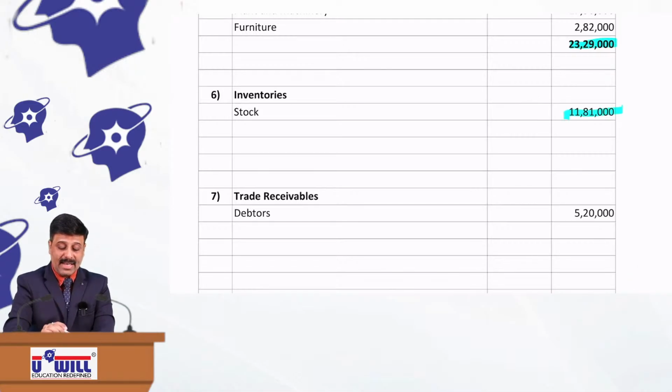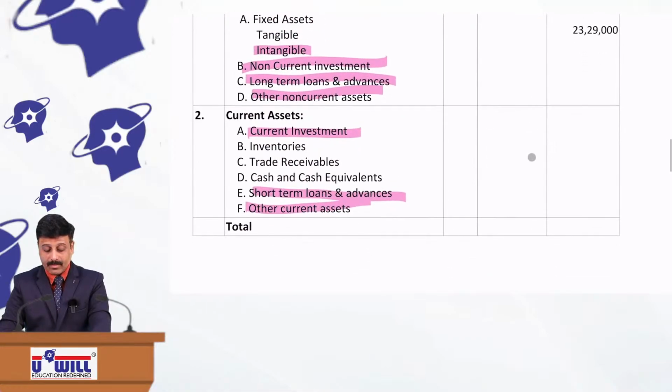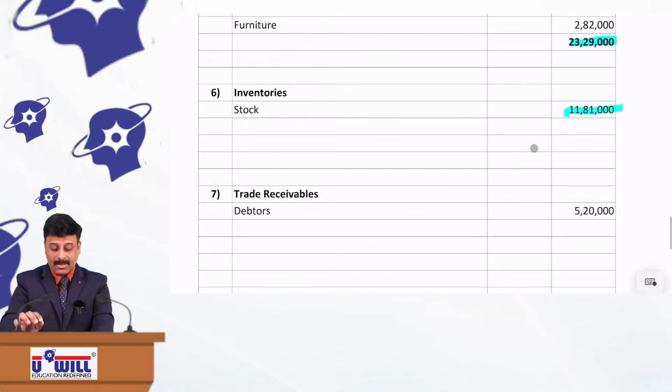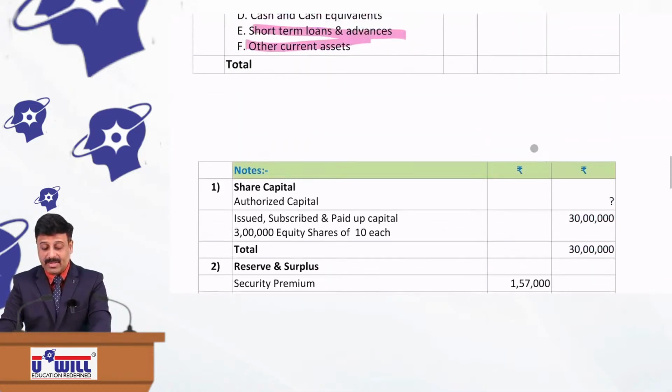Inventories are 11,81,000. Then trade receivables, debtors, are 5,20,000.